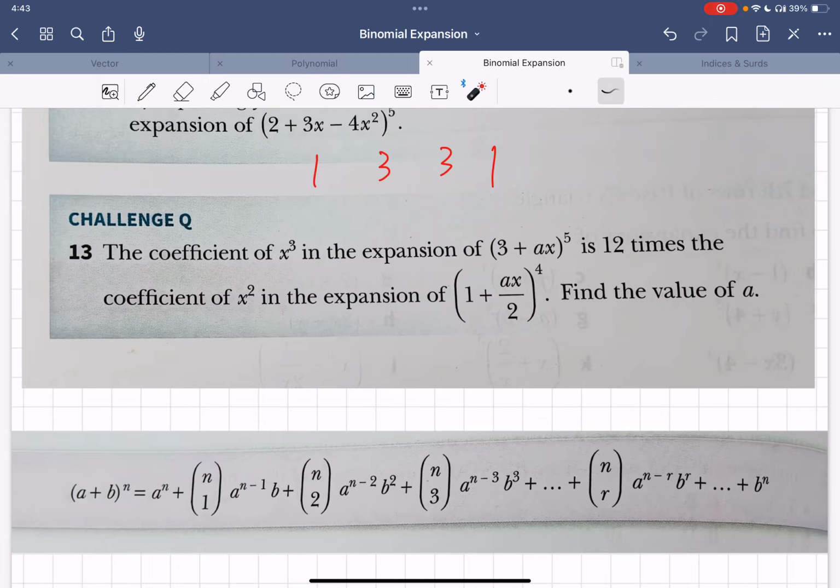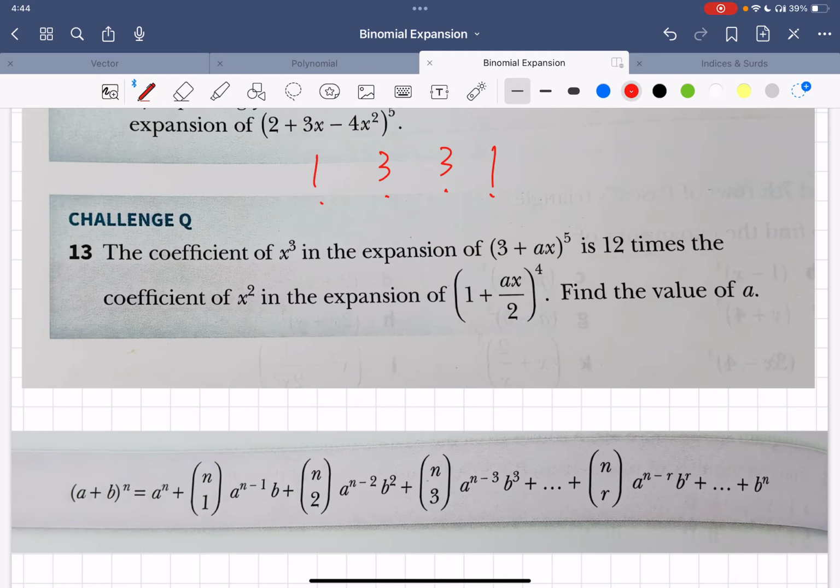And remember, it's the fourth term because the term is always one more than the power of b. And b in this case is ax, and we want x cubed. So in this case, we need the fourth term, which is 1, 2, 3, 4. Is that right? No, I just made a trick for you guys to distinguish and differentiate.